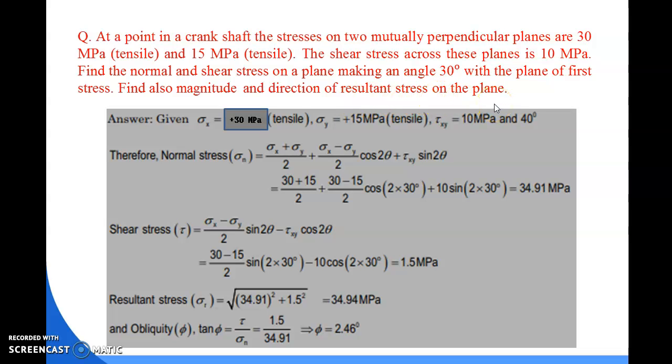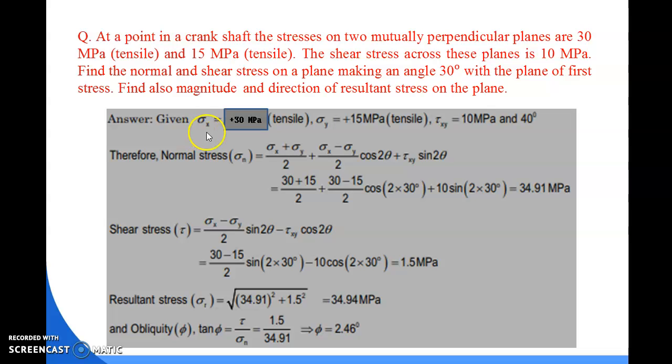So here you have to determine four things. One is normal stress, second is shear stress, third is resultant stress, and fourth is the obliquity angle, that is the angle of the resultant stress with respect to the principal plane. First of all we have to write the data given.